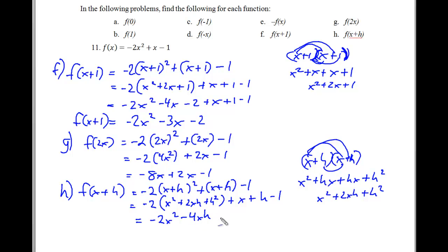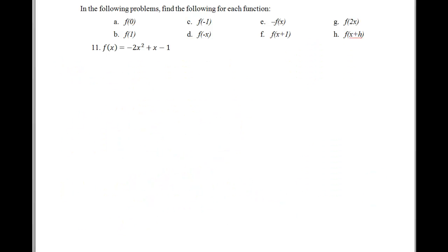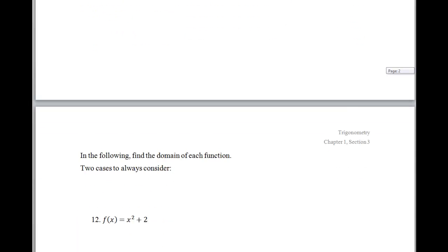And this is negative 2 times h squared, so negative 2h squared, plus x plus h minus 1. There's no other simplification I can do because none of these terms can combine. And that's my answer for f of x plus h. So a little crash course on FOIL, and it's also a little bit of algebraic manipulation, a little bit of weightlifting there to get you ready for the accuracy we're going to need.